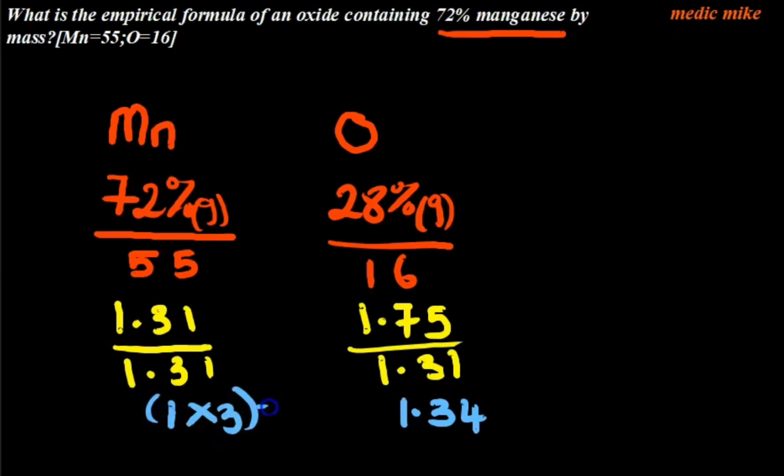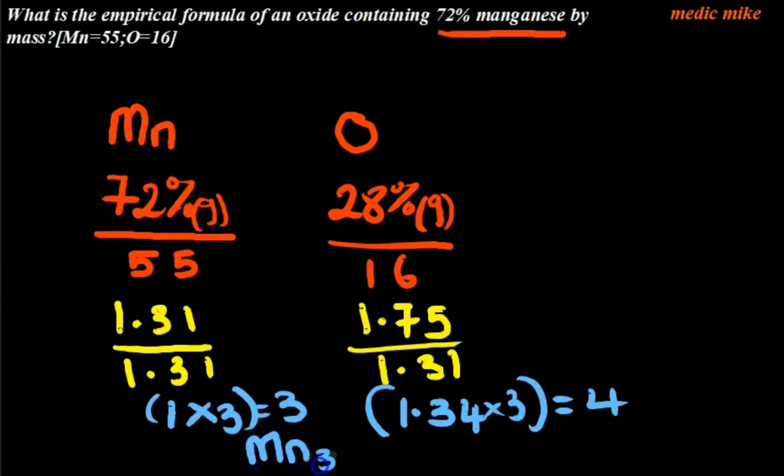So here will be equal to 3 for manganese, and you'll be multiplying 1.34 by 3 too, and you'll be getting 4. So at the end, the compound you'll be getting is Mn3O4. That will be your final answer, as easy as that.